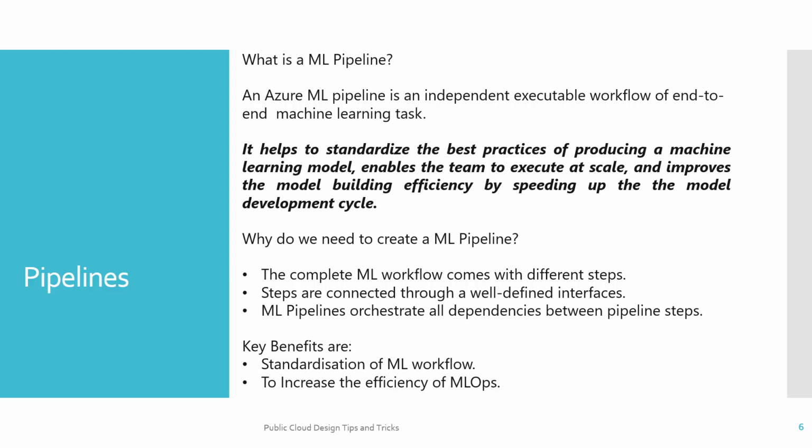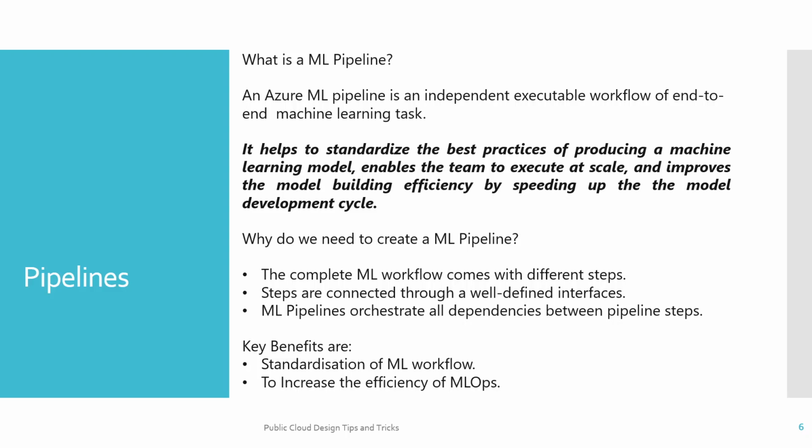Now, why do we need to create an ML pipeline? It helps to complete the ML workflow. When you create an ML workflow, it comes with different steps, and each step is connected through a well-defined interface.